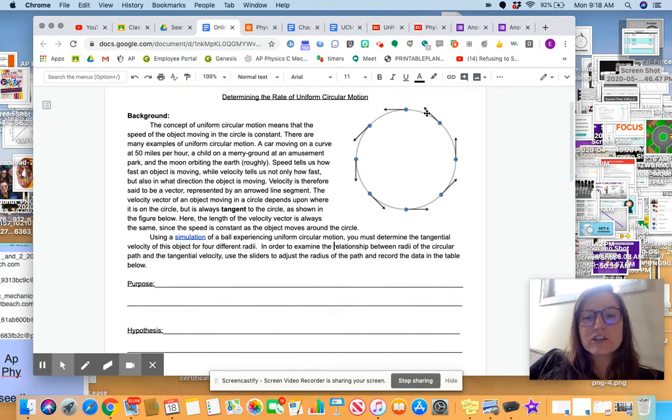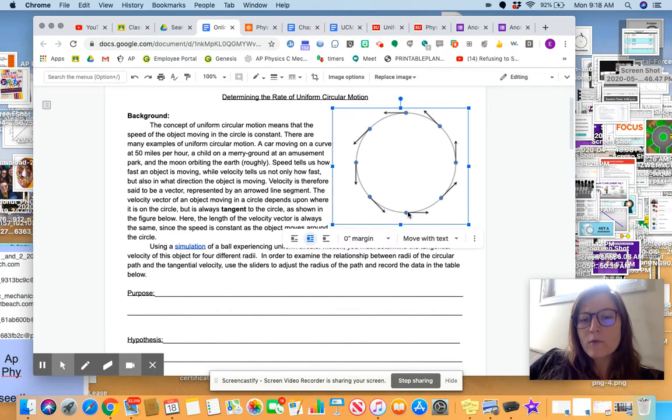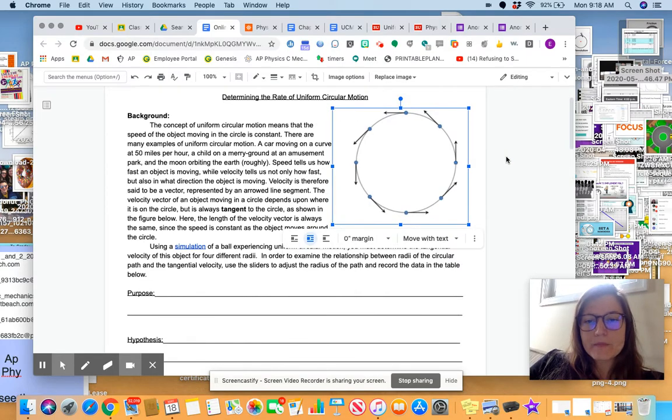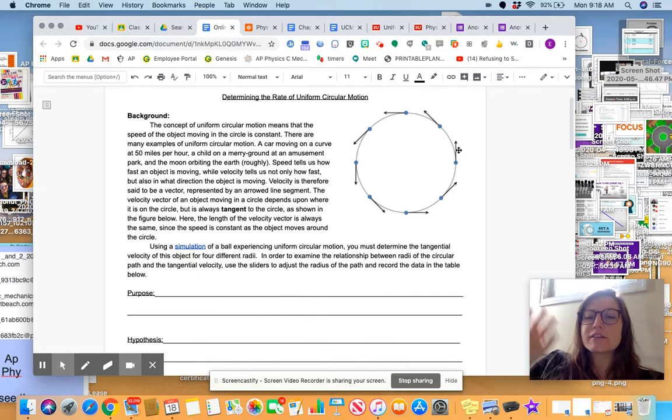But what changes is that the direction of the arrowhead points in a slightly different direction depending on where in the path the object is located. So the speed is constant, but the direction is changing. Therefore, technically the velocity changes, but the magnitude of that velocity stays the same.